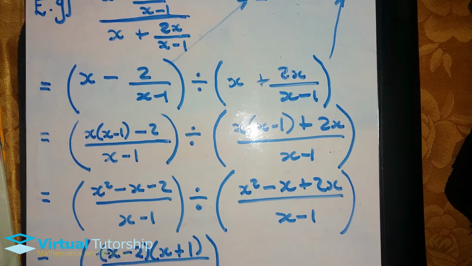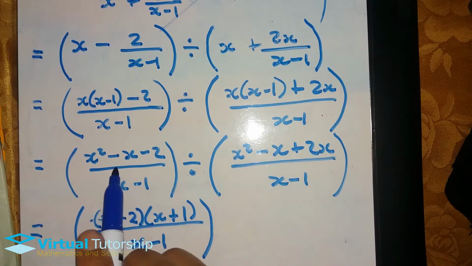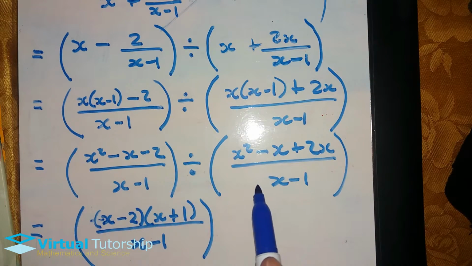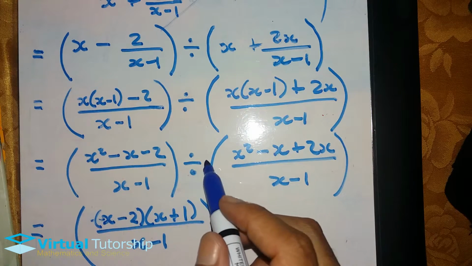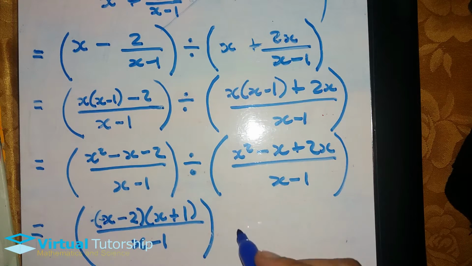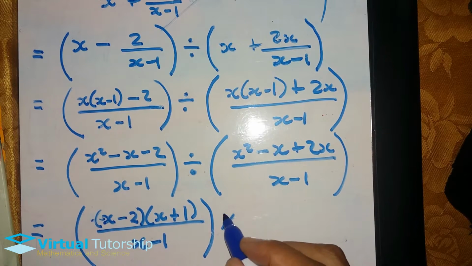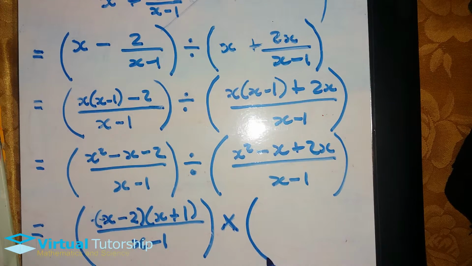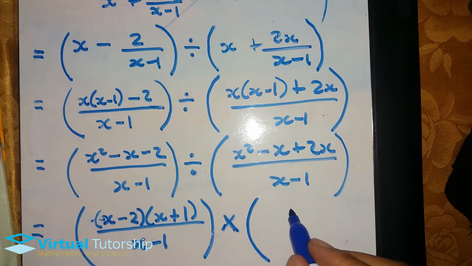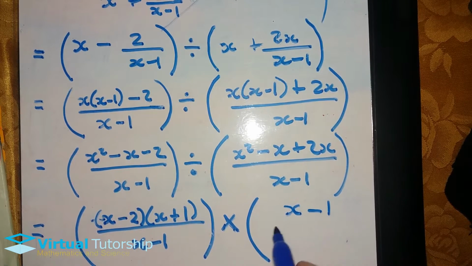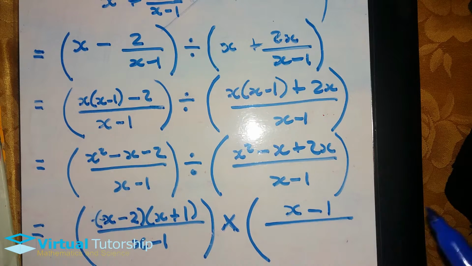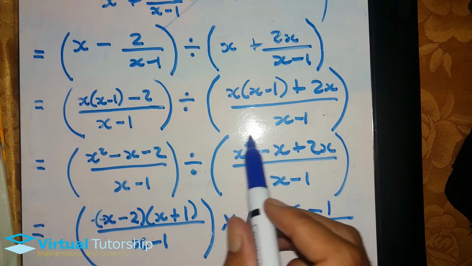right, so look now, when I divide 2 fractions, what I do is remove or change the division sign and write it as a multiplication sign, and after that I swap the denominator with the numerator of the fraction. So remember we must now simplify this thing.